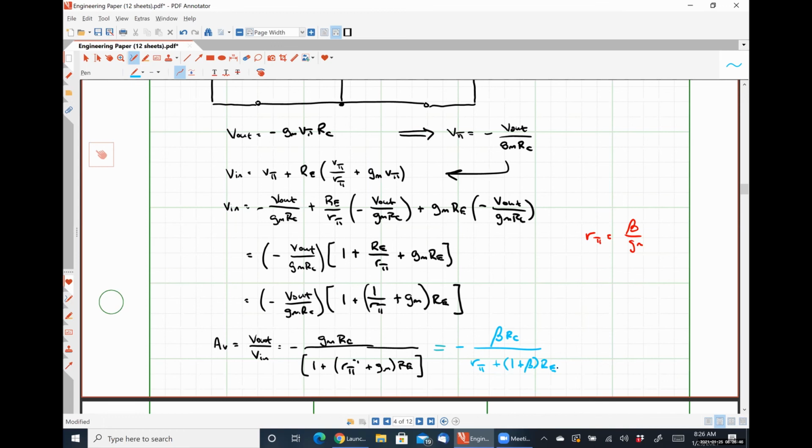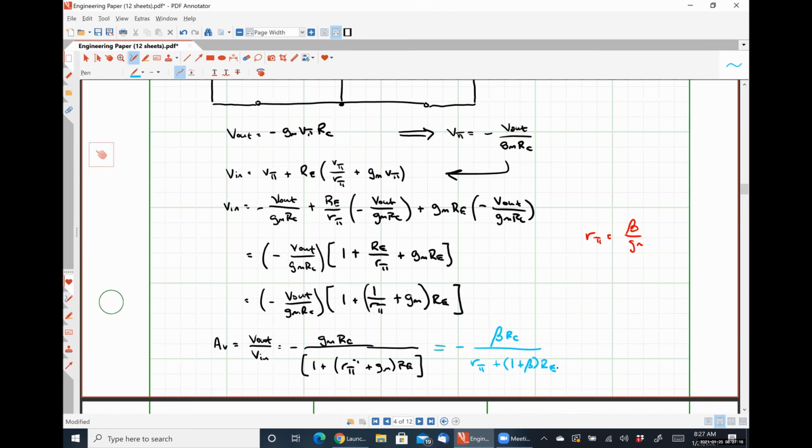So looking at this, what effect does emitter degeneration have on our voltage gain? So make it larger, make it smaller, not affected at all? What's going on? Right, so without emitter degeneration, our voltage gain was negative GM times RC.